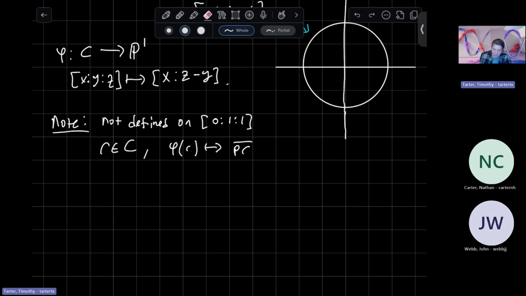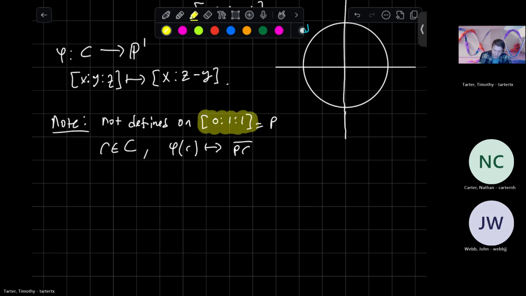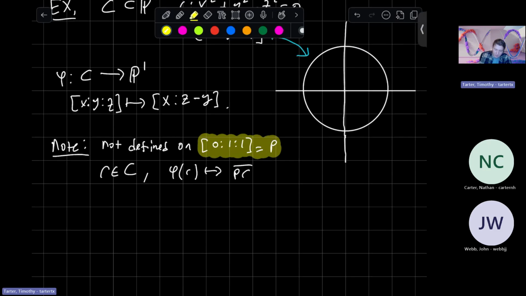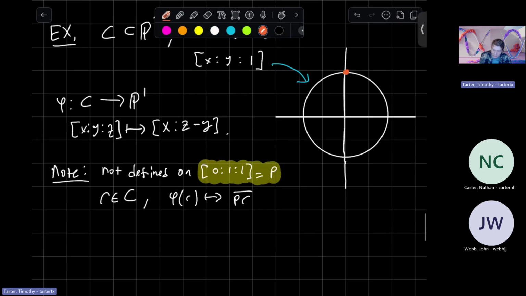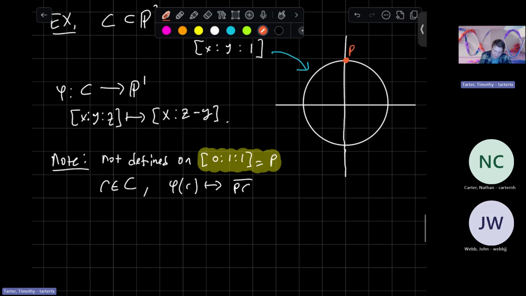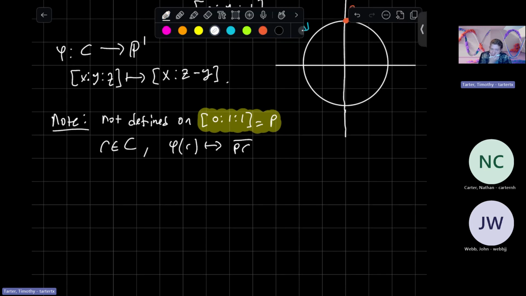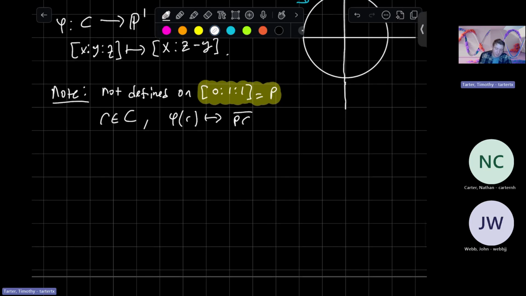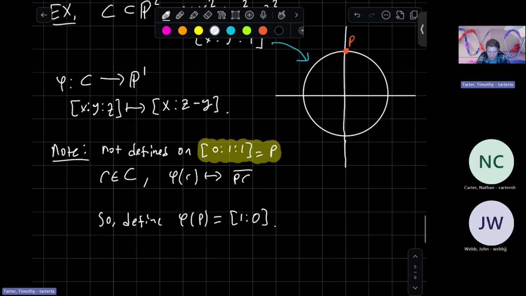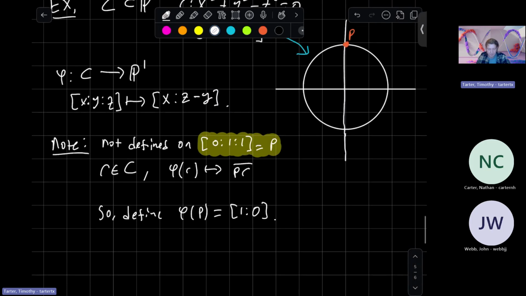And we'll call this point 0, 1, 1 P. And so again, the way we're thinking of P is on our affine slice, this is P. But then we can extend the map to be a regular map by defining phi of P equal to 1, 0. Okay.